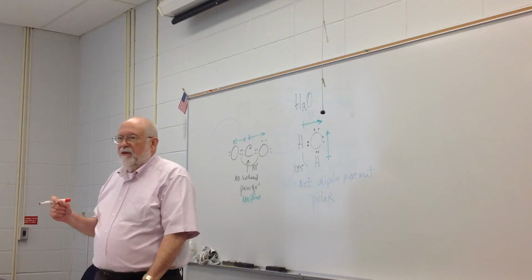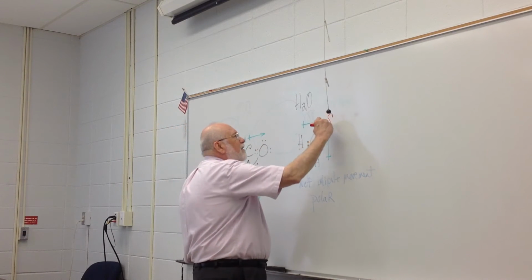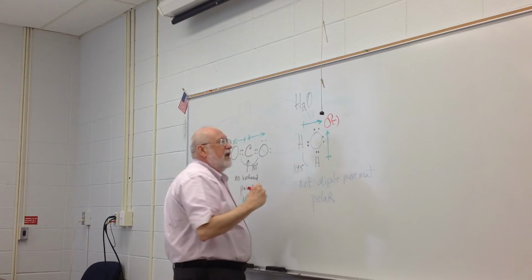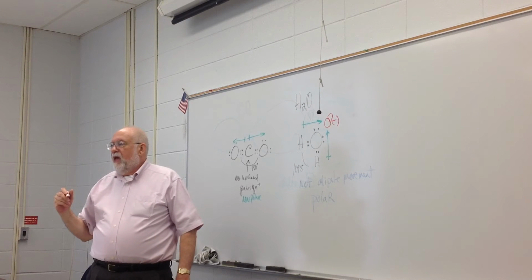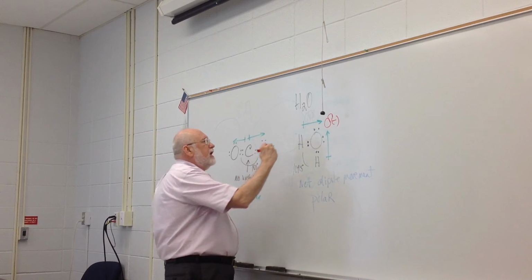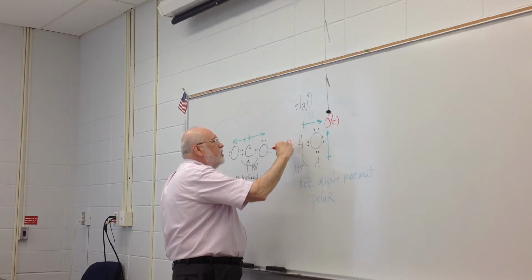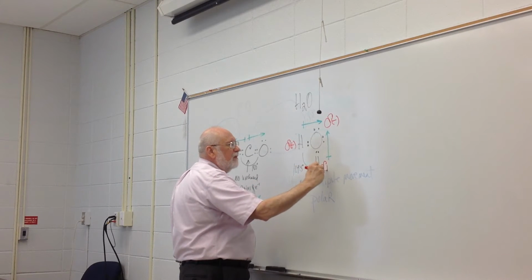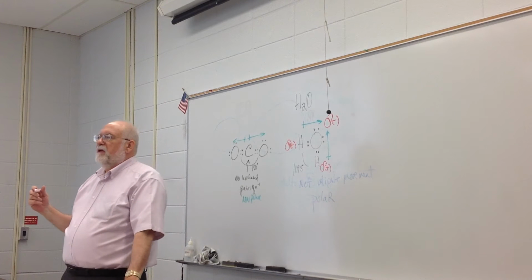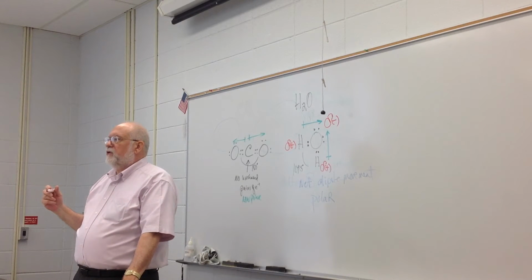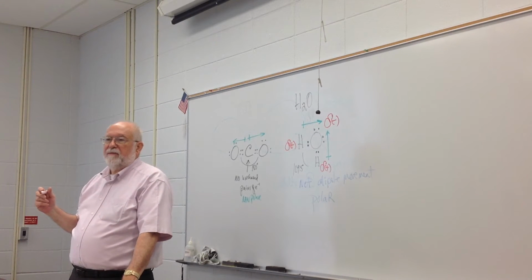The oxygen? Yes. So the oxygen end is going to take on a partial negative charge. And what about the hydrogen ends? Well, by extension, they're going to be partially positive. They take on a partial positive charge. There you go. Just that simple.